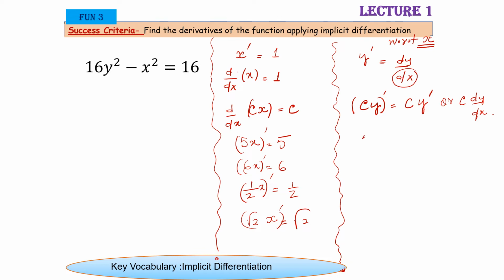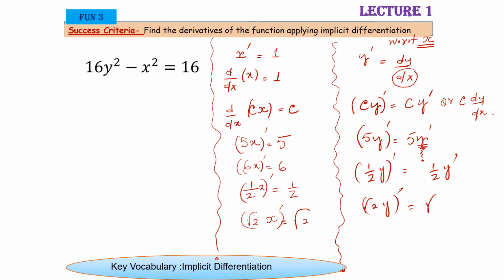But if I ask you to take the derivative of 5y with respect to x, you will say 5y prime. Here y is not equal to 1 because you are differentiating with respect to x. Now the derivative of half y is half y prime, and the derivative of square root of 2 times y with respect to x is root 2 times y prime. So I hope this picture is clear to you.